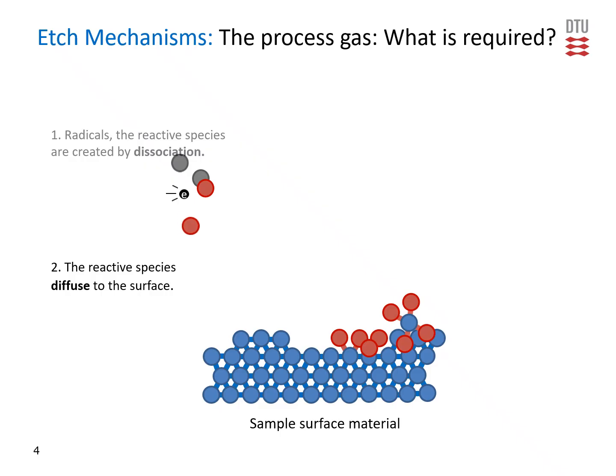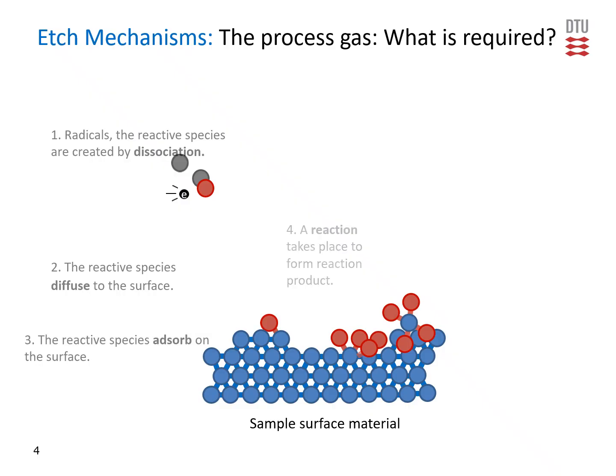And these radicals, which are the reactive species, must diffuse to the surface. And then the reactive species must adsorb on the surface, and then a reaction takes place to form a reaction product.